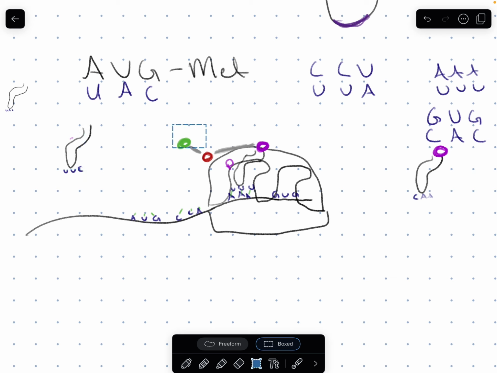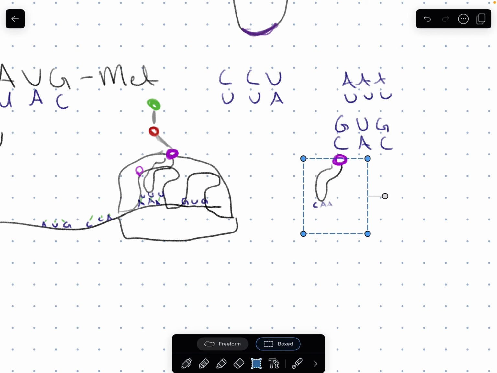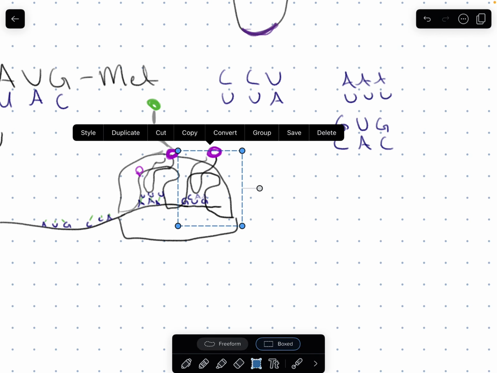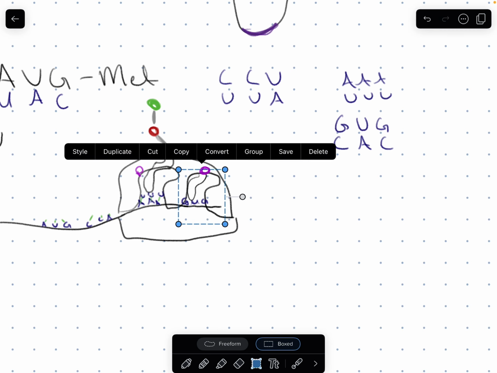But now we have this chain of 3 amino acids now. And it's about to be 4, because this guy here is going to come in and it's going to form a bond between those.